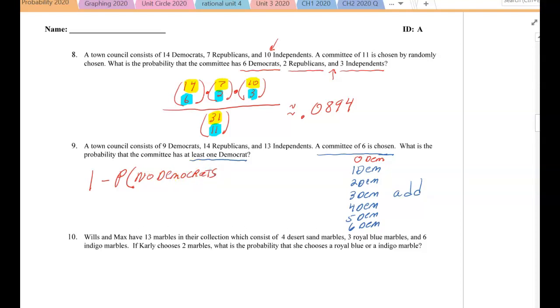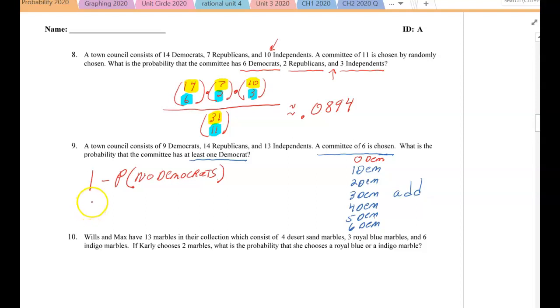So an easy way when you see the words "at least" or "at most" is to think about the complement. You could do the blue problem and add up all 6 answers, or you can use the concept of the complement since the probabilities add up to 1.